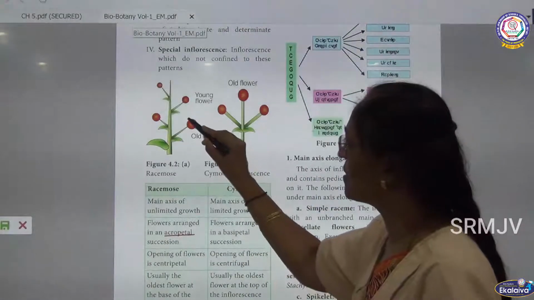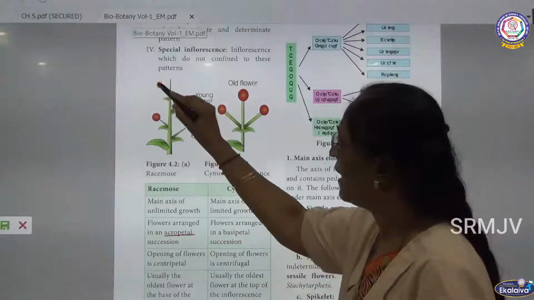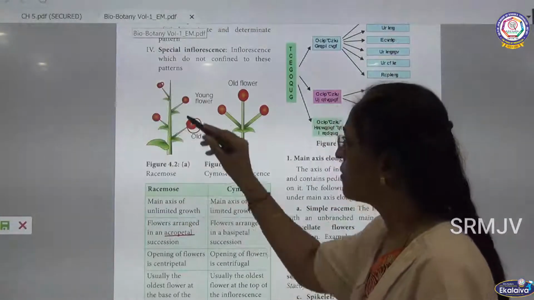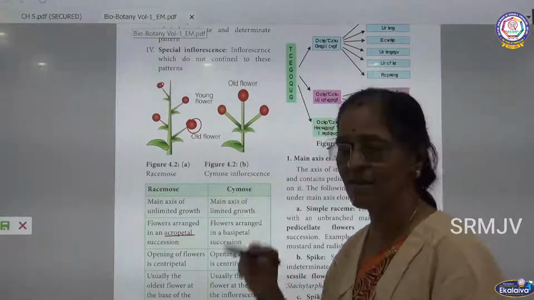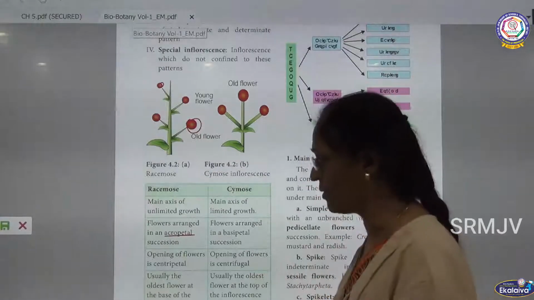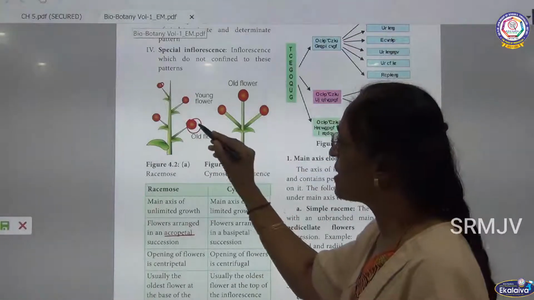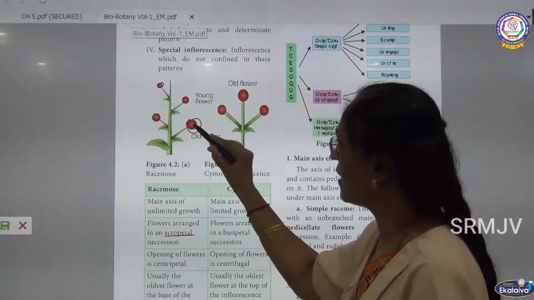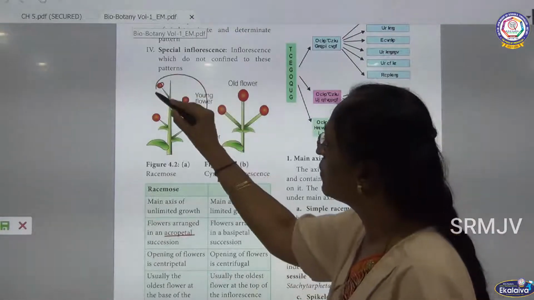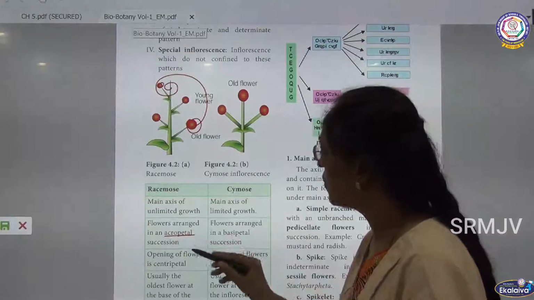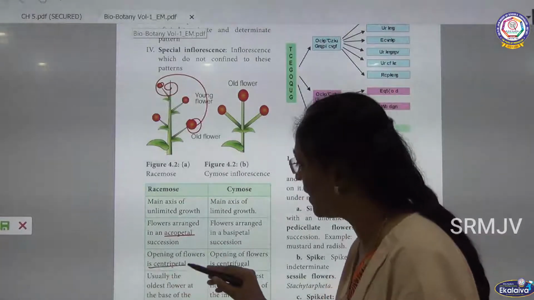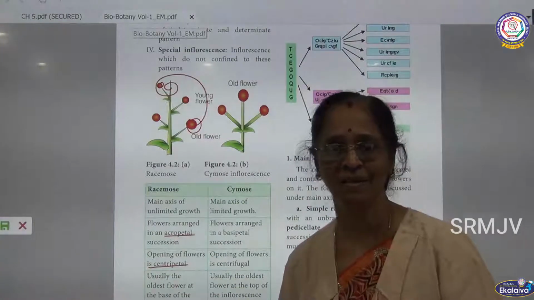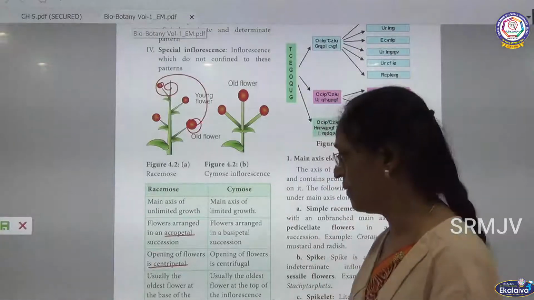You can see that these are the older flowers and these are the younger flowers. And when you see the opening of the flowers, you will find that the opening is from the periphery to the center. You call such opening centripetal succession.